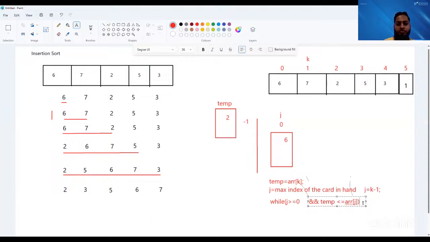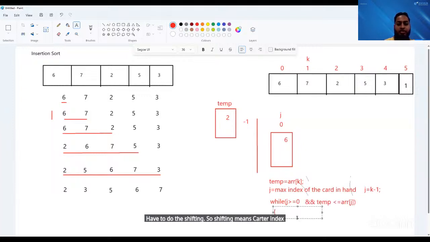In this case, I have to do the shifting. Shifting means the card at index J goes to index J plus 1. It will shift one towards the right.